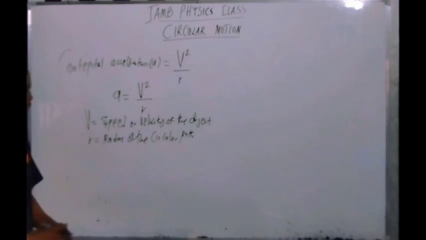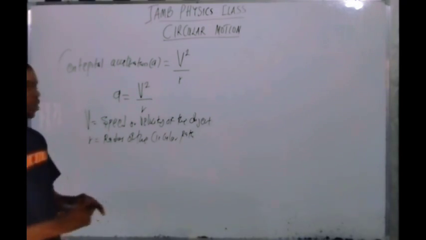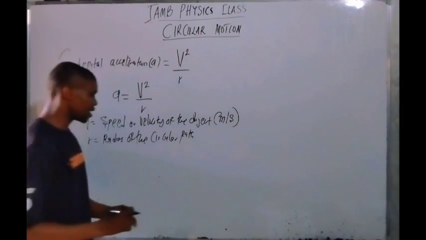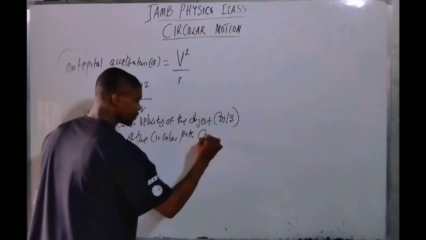The unit for velocity is meters per second, and for radius, it is meters.